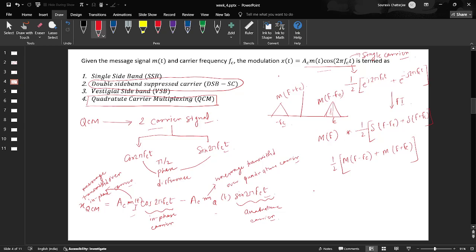So if I multiply these two, cos 2 pi fct and sin 2 pi fct, what am I going to get? This is nothing but sin 4 pi fct, right?